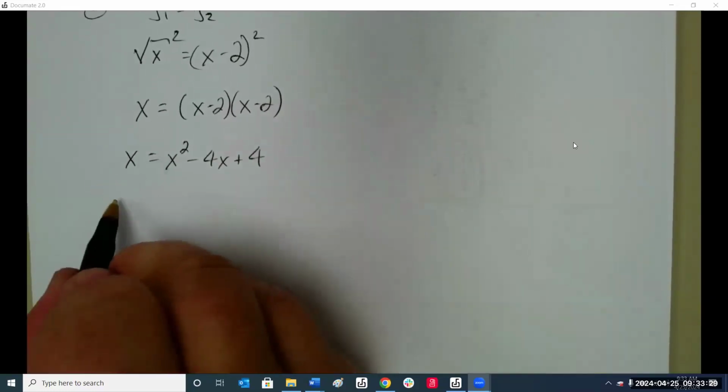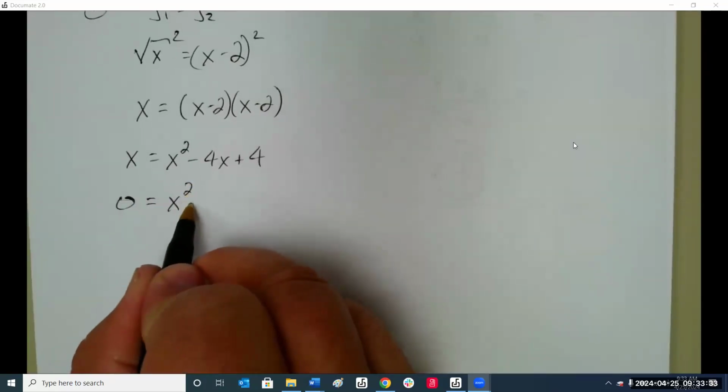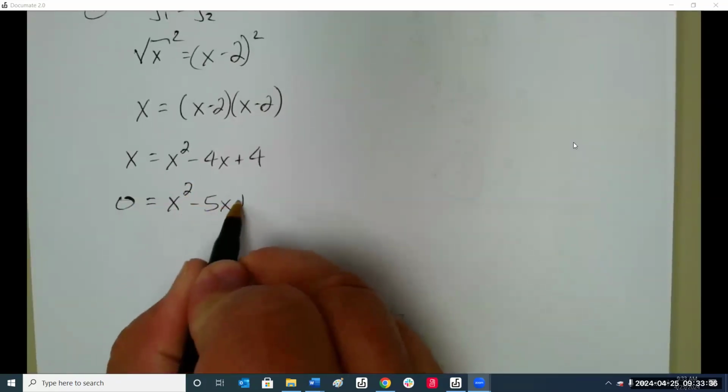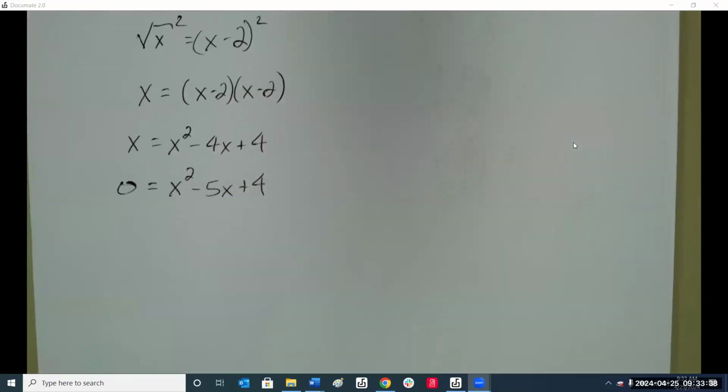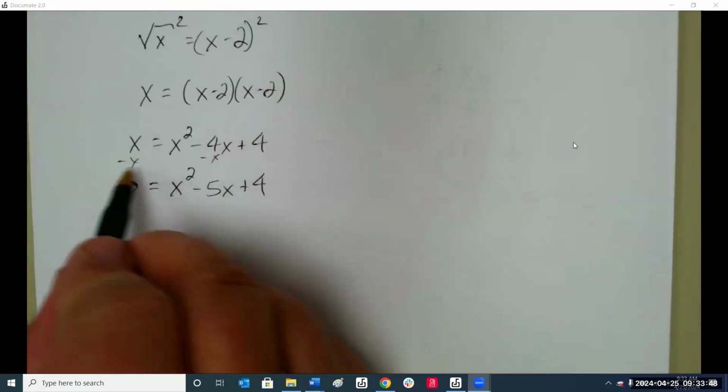Set it equal to 0. I subtracted x from both sides.